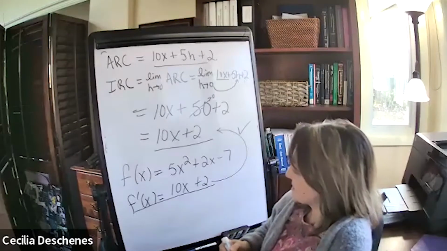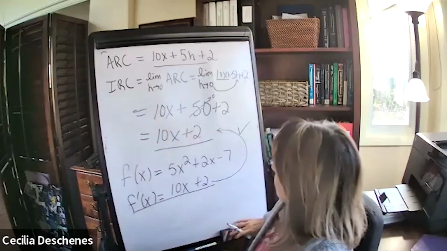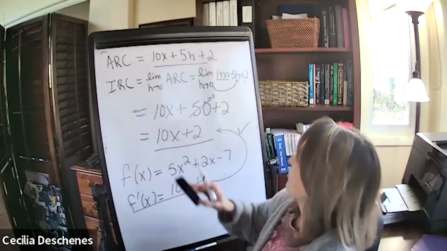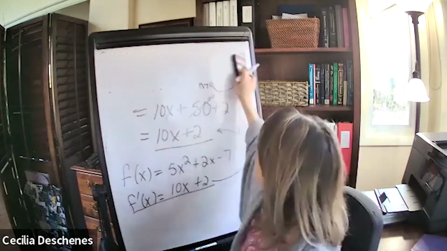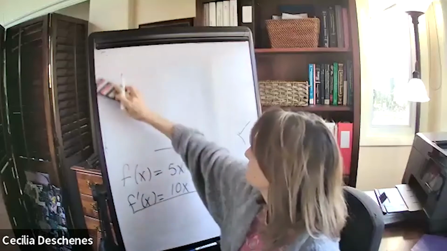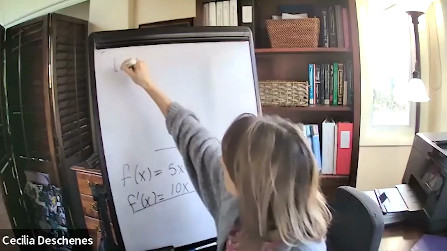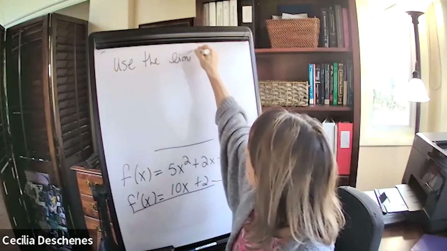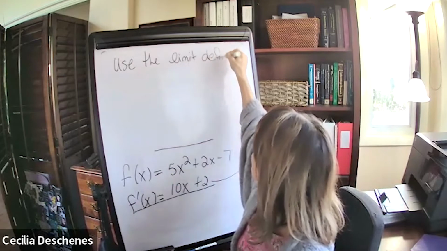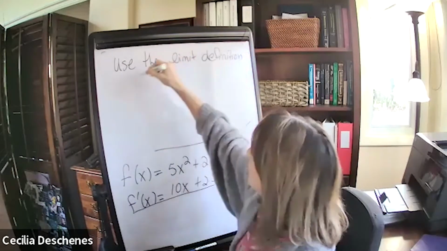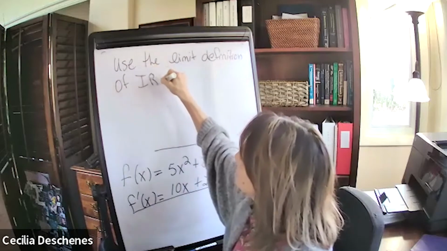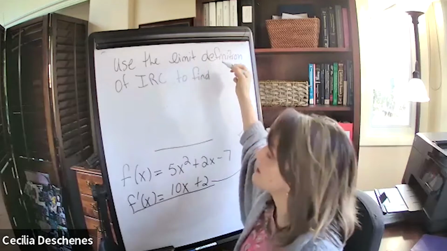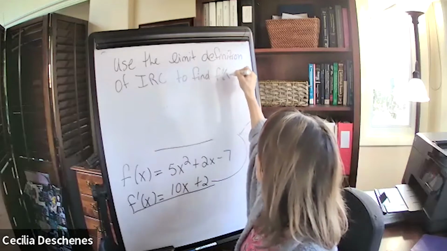Okay. I'm going to try to write it out so you kind of see it in writing. So I think what it would say is something like, use the limit definition of the instantaneous rate of change to find either the instantaneous rate of change or the first derivative.